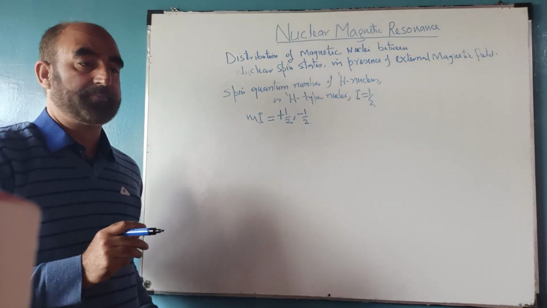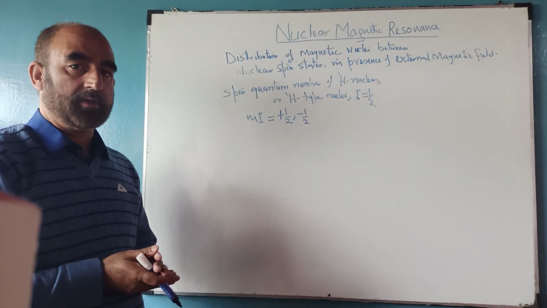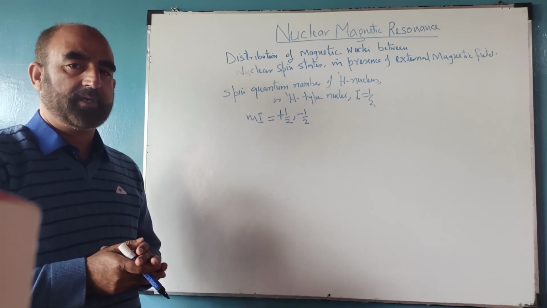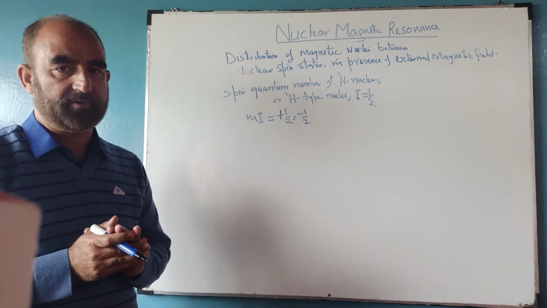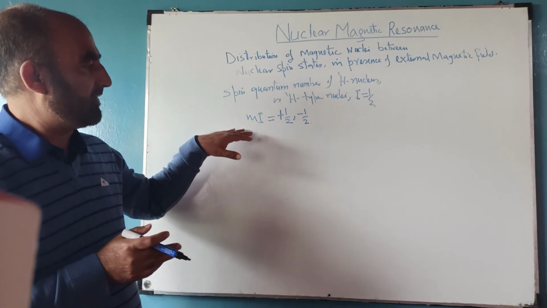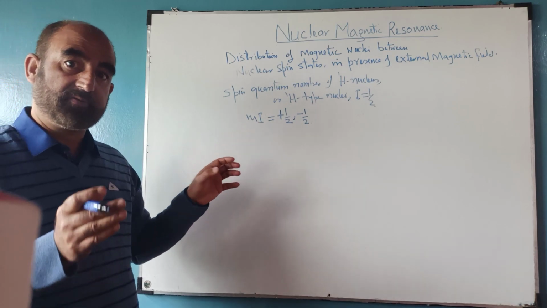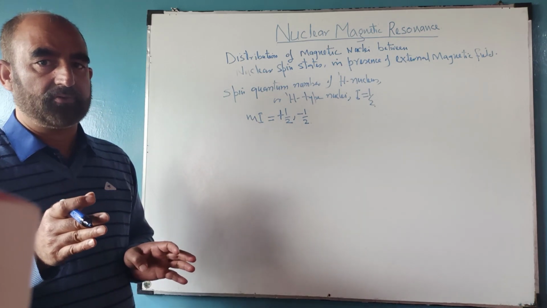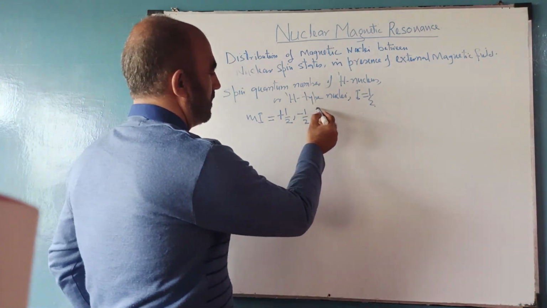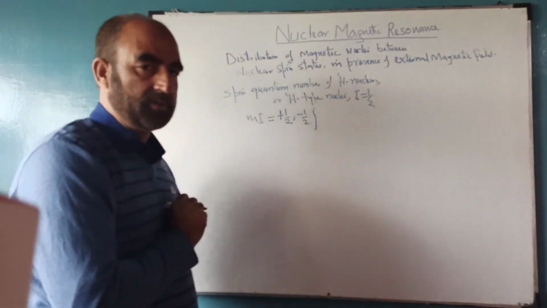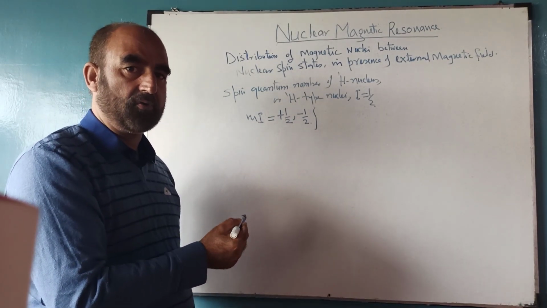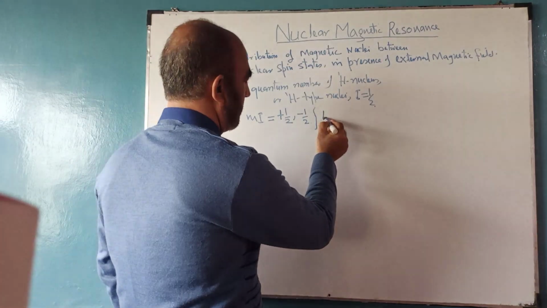So there are two spin states available to such nuclei, and in the absence of any magnetic field, the spin states corresponding to Mi value plus 1 by 2 as well as Mi value minus 1 by 2 are of the same energy. So we say that the two magnetic quantum states are degenerate.